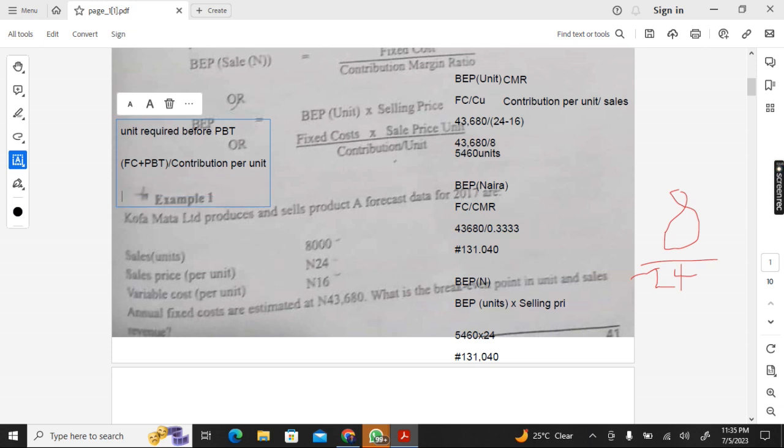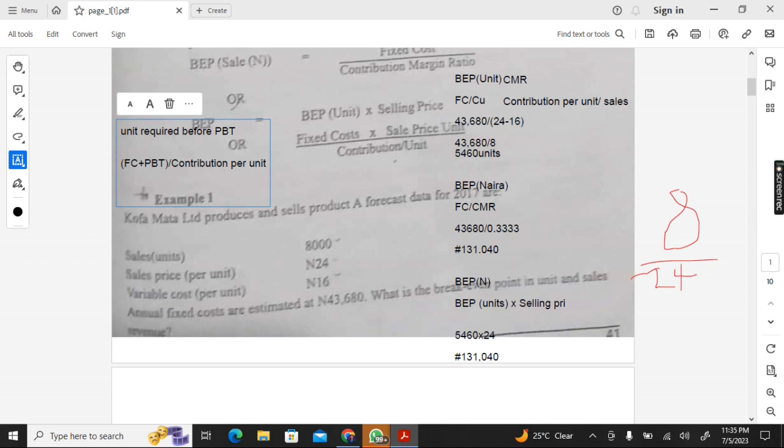And there's also units required to determine profit after tax, like in the case of sales volume required to achieve a predetermined profit after tax.